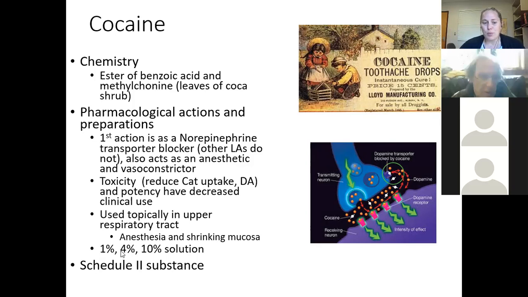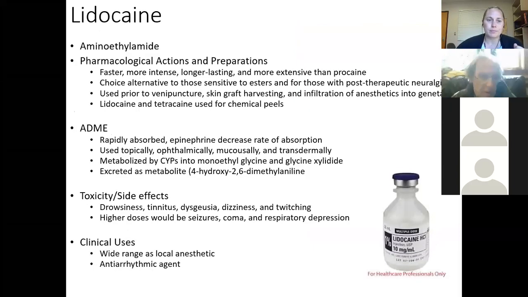In terms of the way it's prepared, you can see here that it's prepared in a 1%, 4%, or 10% solution. And we'll talk about cocaine a little bit more later on. But again, it's probably not the first local anesthetic that folks go to, because of the high addictive component, but it was the compound that started things off, and we'll see how things have progressed since then.